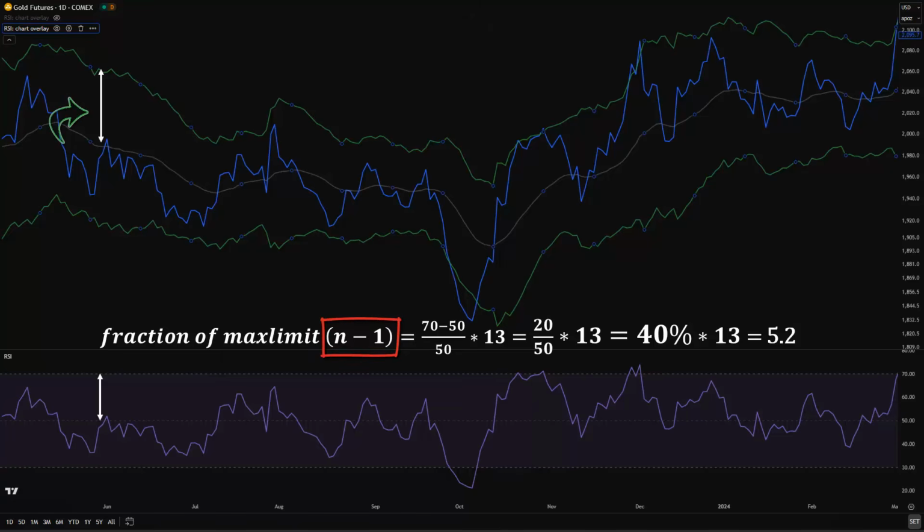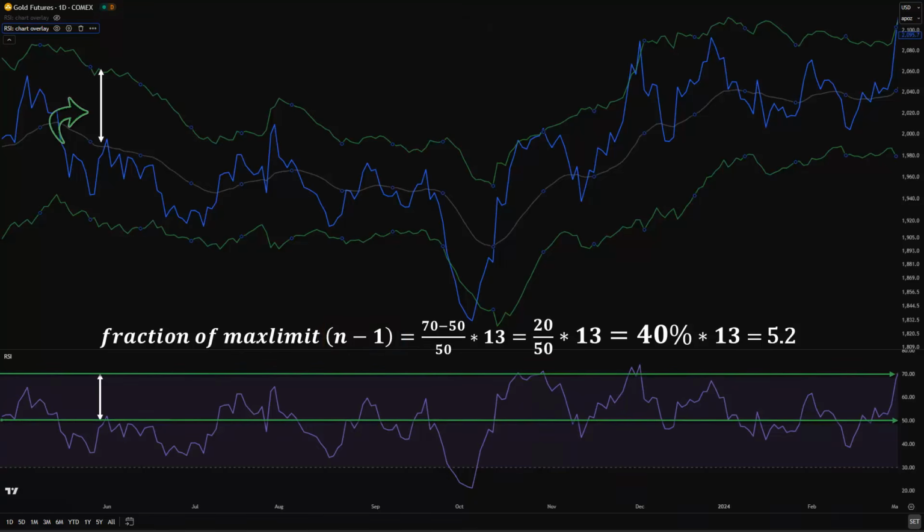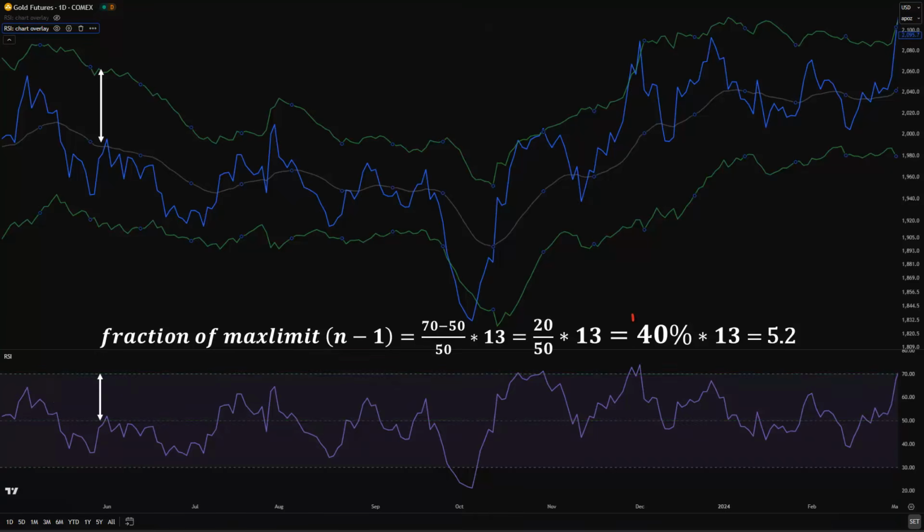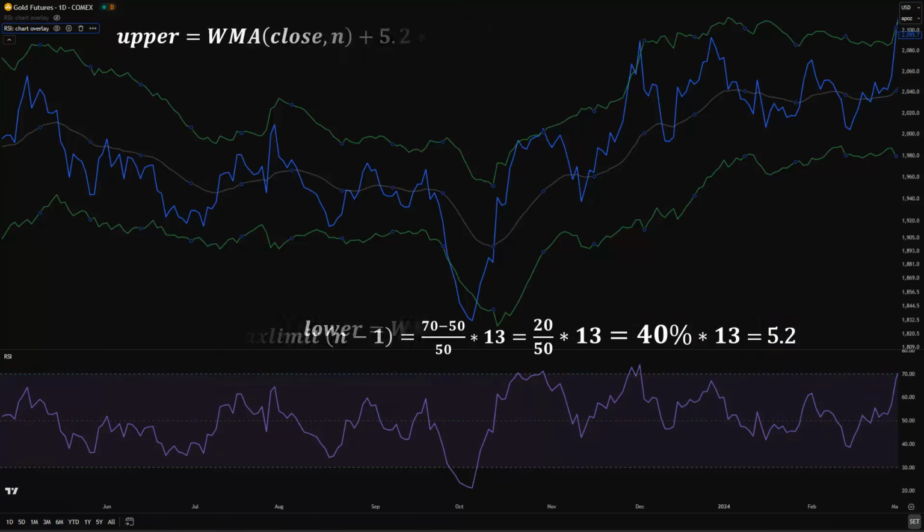These thresholds aren't static. Their distance from the midline depends on the volatility of the instrument and your chosen RSI boundaries. In this example, RSI 70 is 40% above neutral, the midline, which translates into a price offset of 5.2 volatility units. Again, this is pure math.